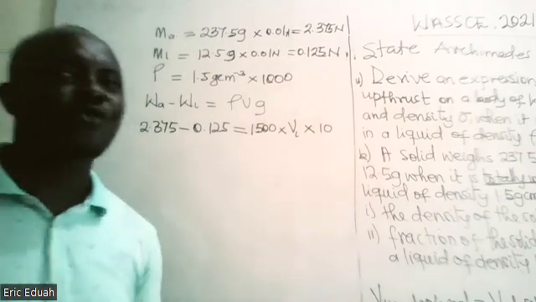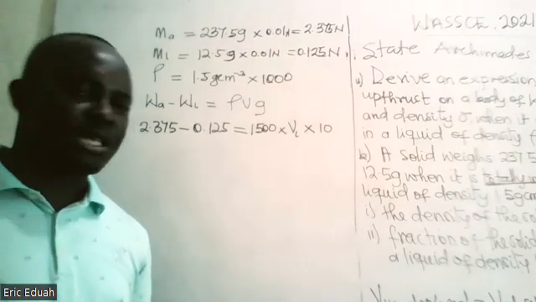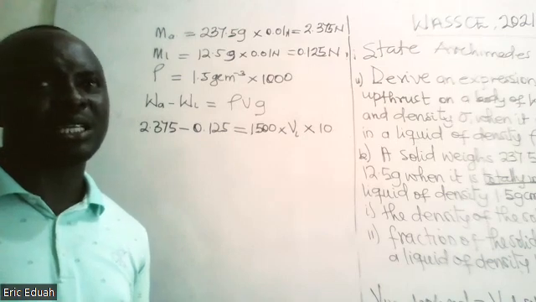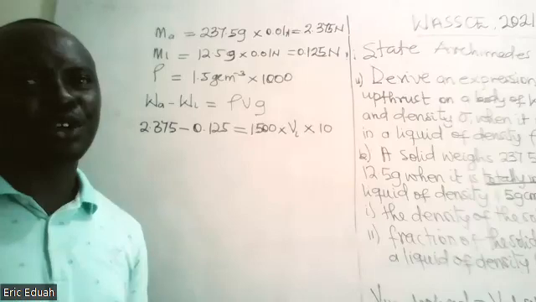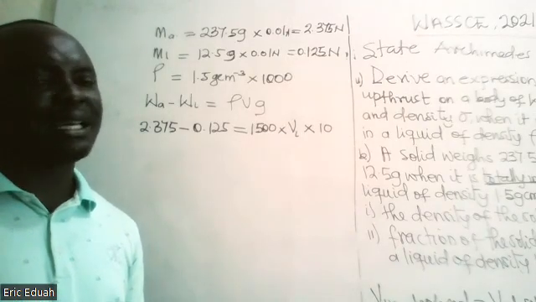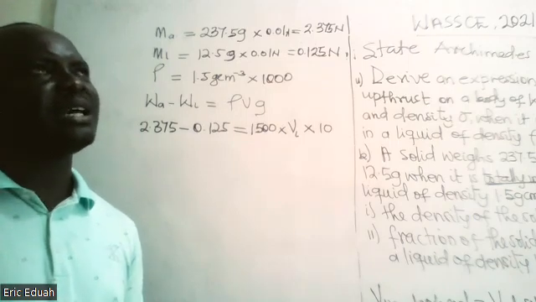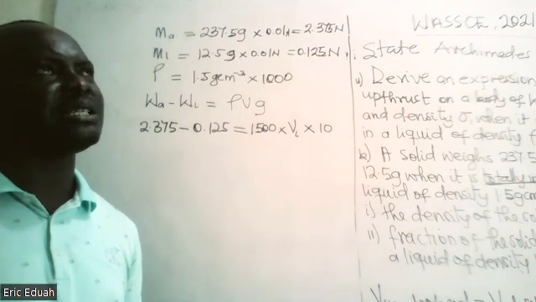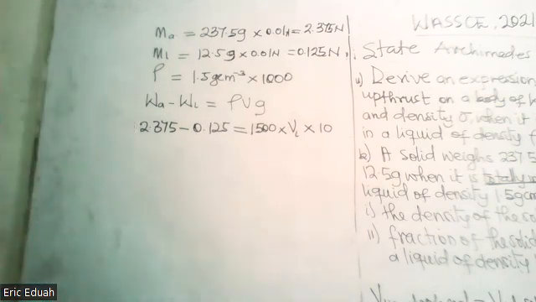So the density of water is 1 gram per cm cube, which is also equal to 1,000 kilogram per meter cube. The density of aluminium is 2.7, which is equal to 2,700. So just multiply by 1,000 when you want to convert to kilogram per meter cube.